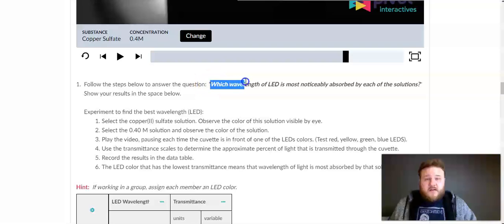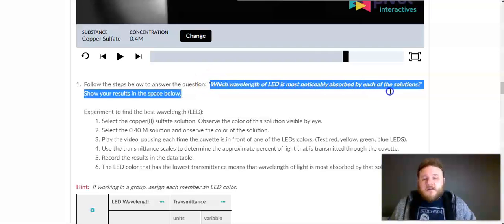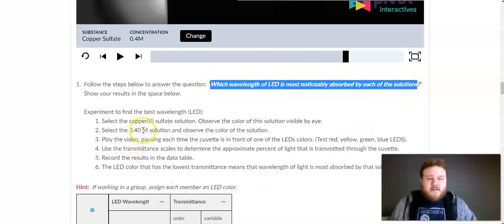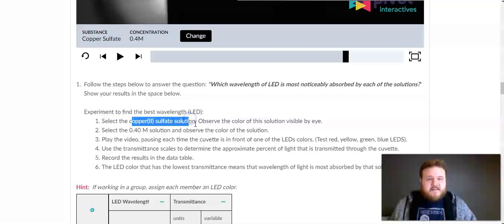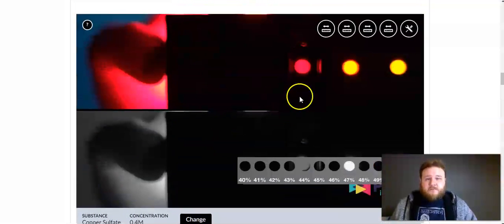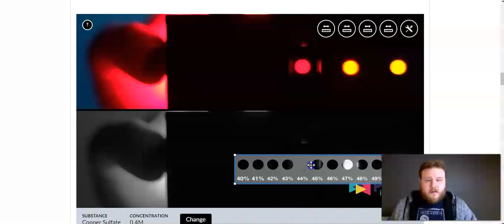So the question here is, which wavelength of LED is most noticeably absorbed by each of the solutions? Let's just look at the copper sulfate solution because that's what it gives. Remember, copper sulfate is that blue solution. I already kind of have it set up here.